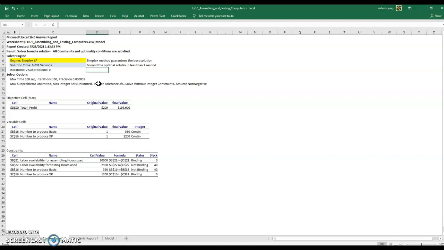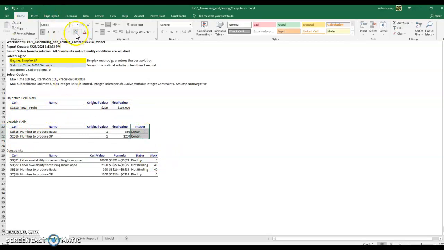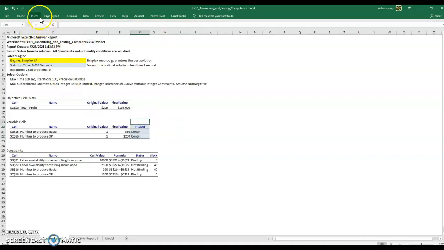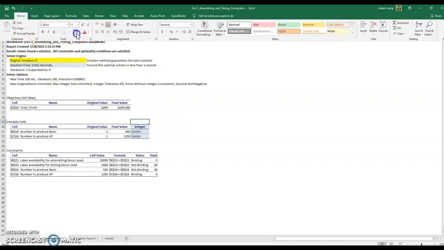Great. So let's look at what these different things in here mean. So an objective cell, let's go down to the variable cells here and let's look at this part. We've got, hey, that says integer. What are we talking about here? It says continuous.